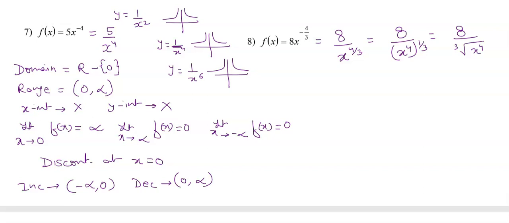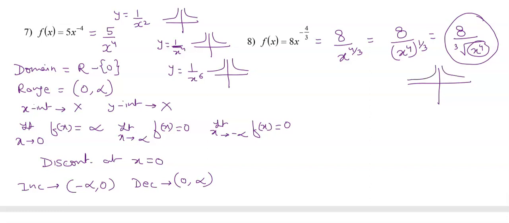Whether you put a negative value of x or a positive value of x, this x to the power 4 value would always be positive. And so the complete result would always be a positive value. It means the y value would always be positive. So somehow again the graph looks like this, if you can understand. The nature of the graph would be like this.